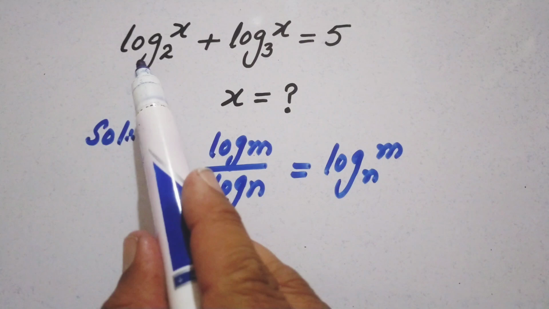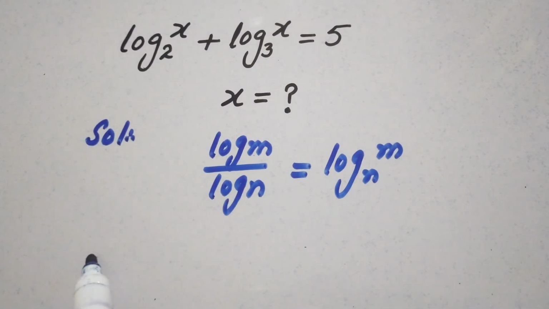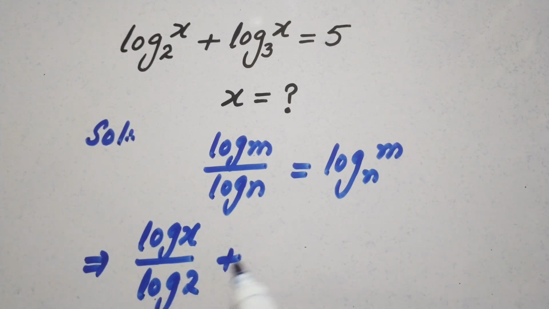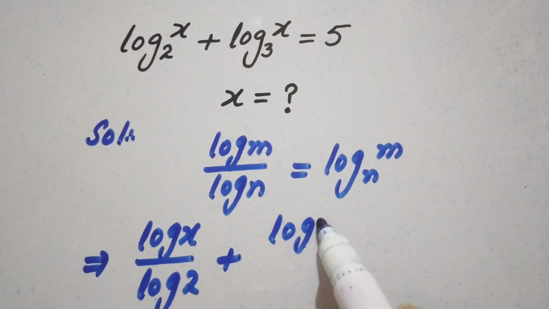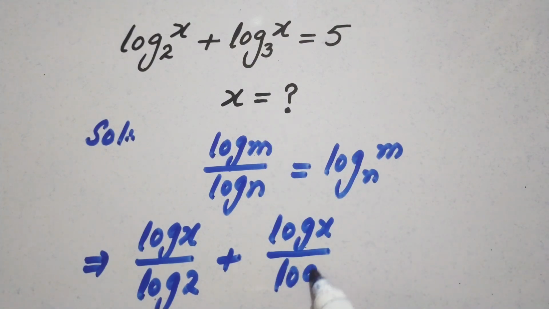Here we have log of x to the base 2, so we can write this as log of x divided by log of 2 plus log of x divided by log of 3. This is equal to 5.